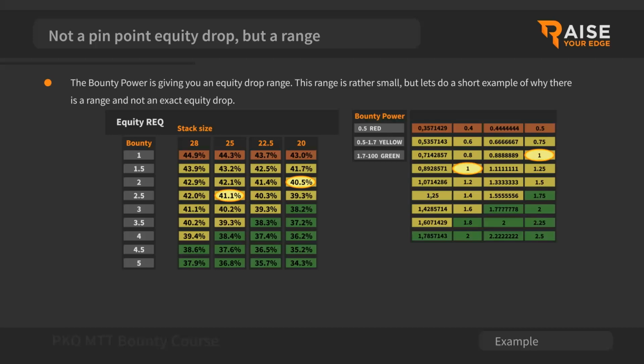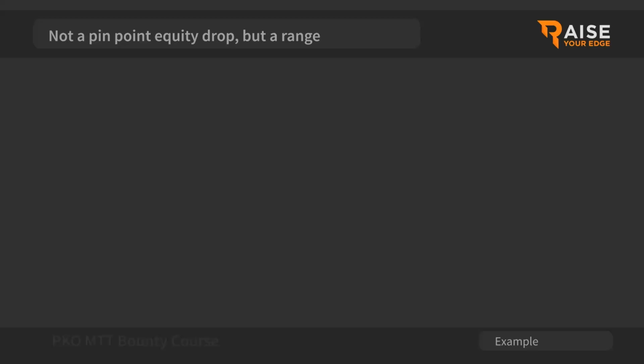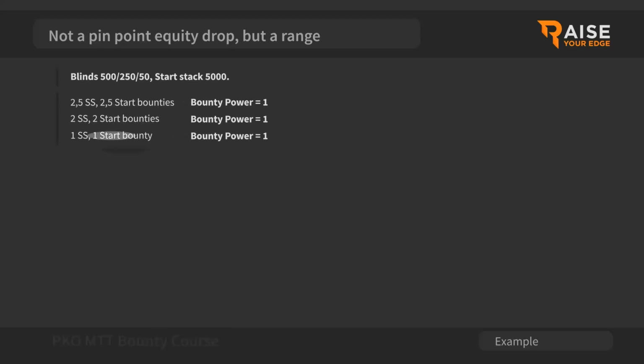Let's calculate the bounty power shortly. Here we had 2.5 starting stacks and we can win 2.5 starting bounties, so the bounty power is 1. And in this case we have exactly 2 starting stacks and we can win 2 bounties, so the bounty power is also 1. We can take another example where we have 1 starting stack and 1 starting bounty, where the bounty power would also be 1.